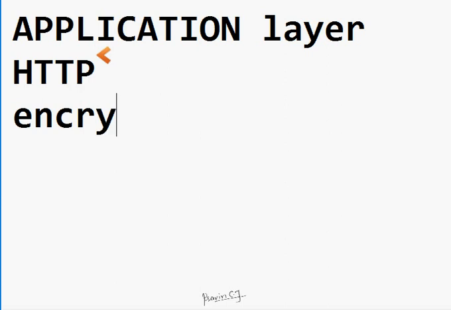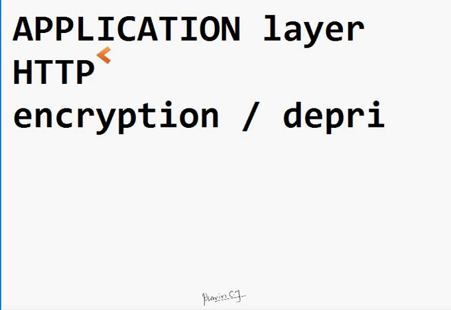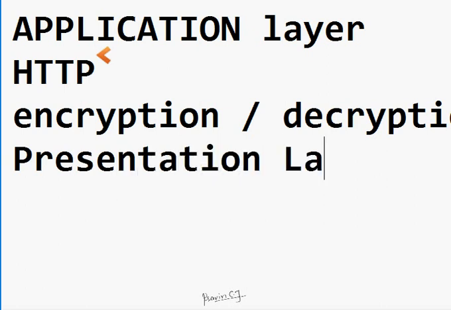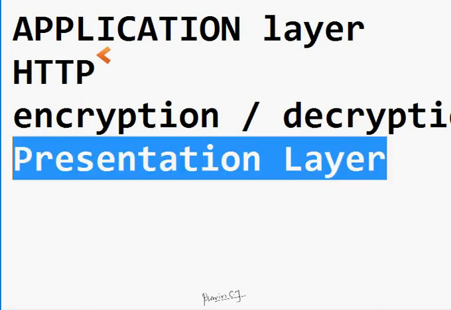Then encryption, decryption: that will work at which layer? Decryption will work at the view level. Okay, we know that will work at a view layer. View level is, I wanted to say, presentation layer. Okay, presentation layer.